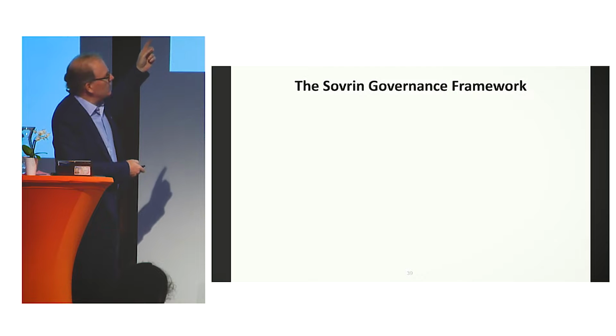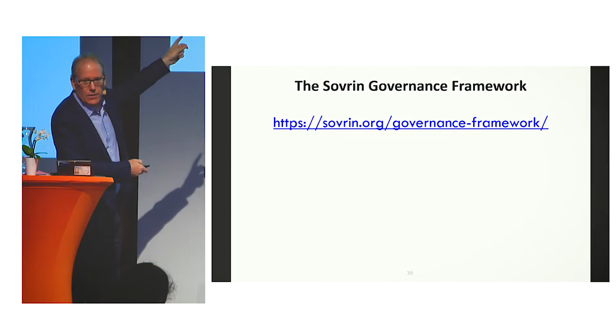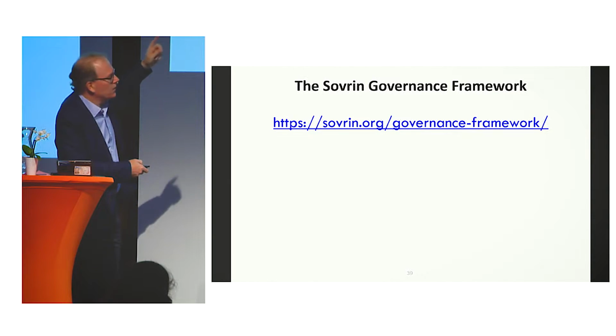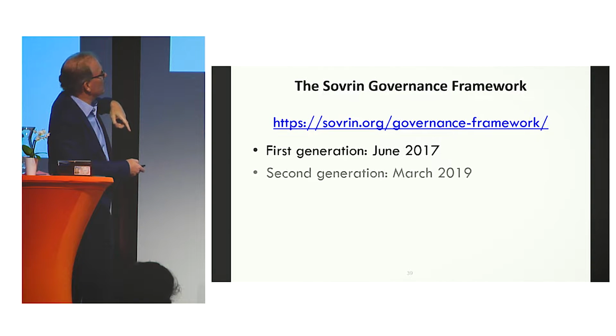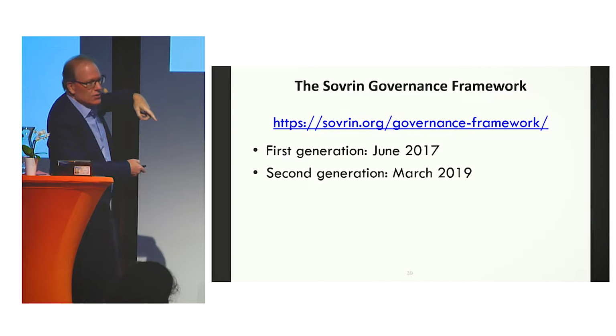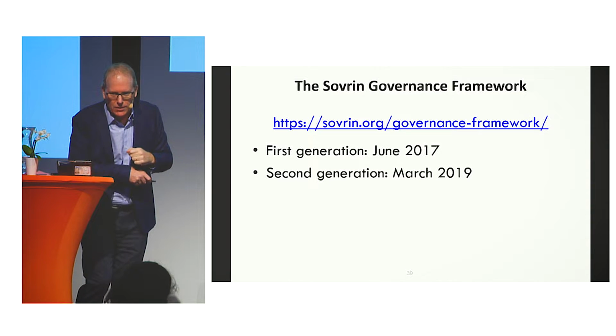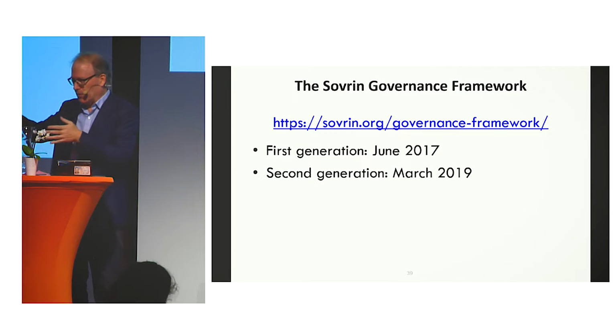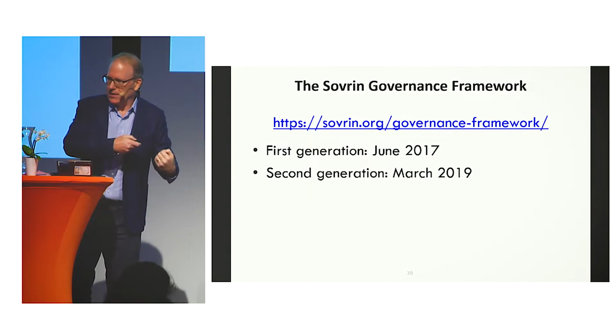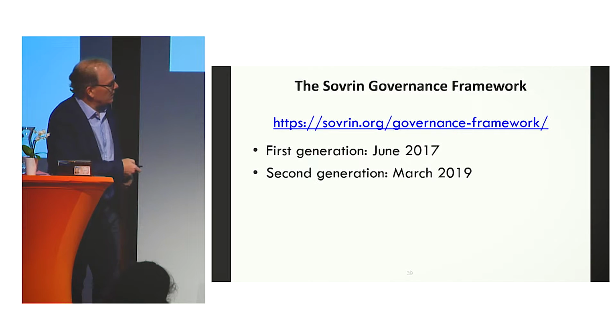If you're not familiar with it, Sovereign Governance Framework, it's the one and only URL. It's a homepage for it. The first generation we did 2 years ago, and we finished the second generation in March, pre-GDPR. I mean, GDPR was out there, but we said, let's finish everything except for the very difficult question of how self-sovereign identity is actually going to work with laws like GDPR.